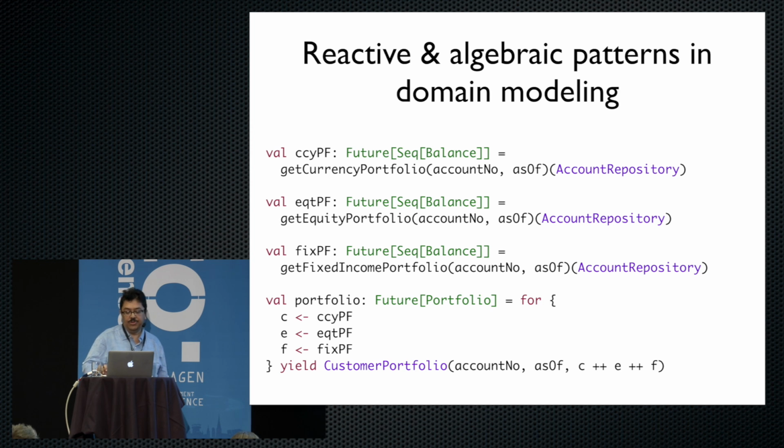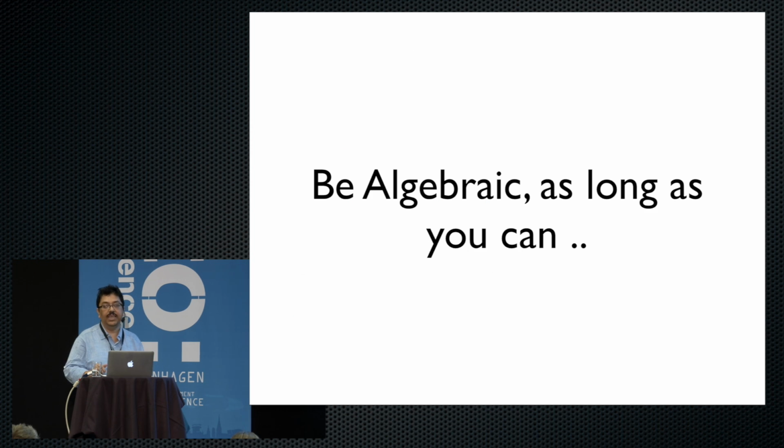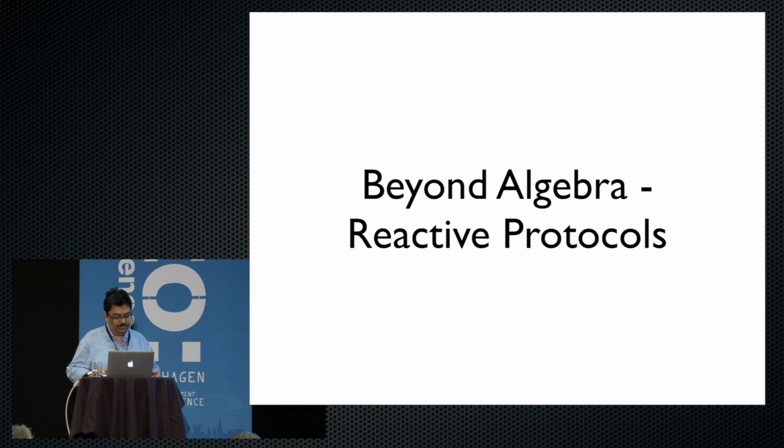So the general motto is be algebraic as long as you can. If there is one thing that you would like to take back from this talk, it's the importance of algebraic composition. Because algebraic verification is the cornerstone of verifying the invariants of your domain model. But everything cannot be done through algebra. We need to have, as I was saying, communication across bounded contexts.